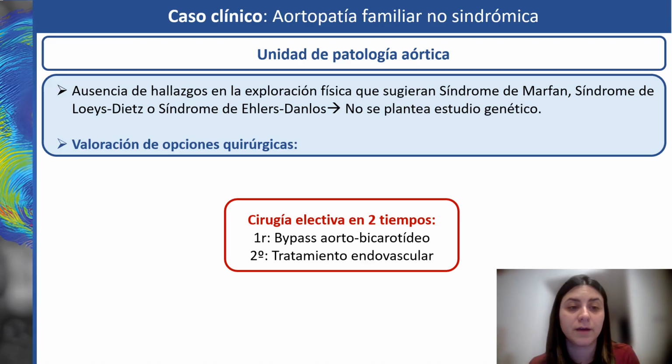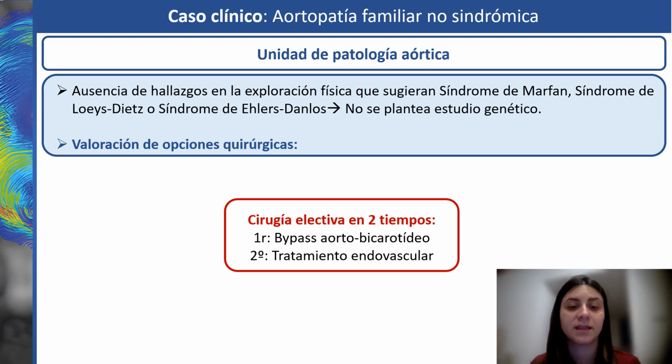What was done was to evaluate surgical options, which were assessed by the Aortic Disease Committee, composed of cardiologists, vascular surgeons, and cardiac surgeons. They decided to carry out elective surgery in 2 phases.